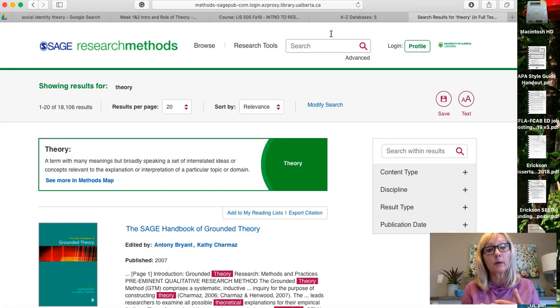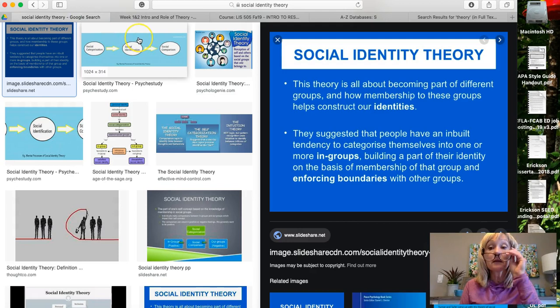conceptualization of that problem. I'll just give you an example. In my research, one of the theories that I considered was social identity theory. And social identity theory is a theory about becoming part of different groups and how membership in a group helps to construct your own identity. So it places a lot of value and emphasis on social groupings, and that is what informs our own identity.